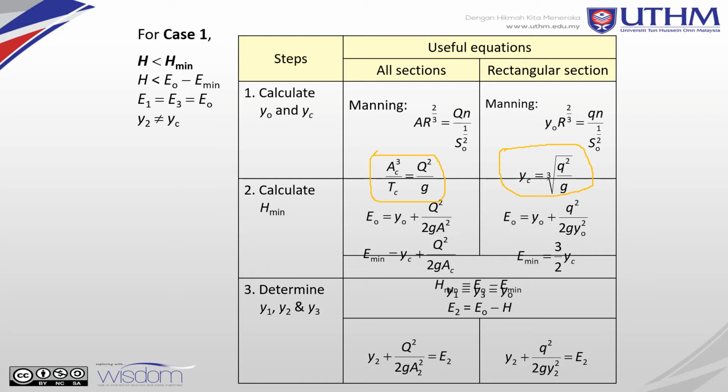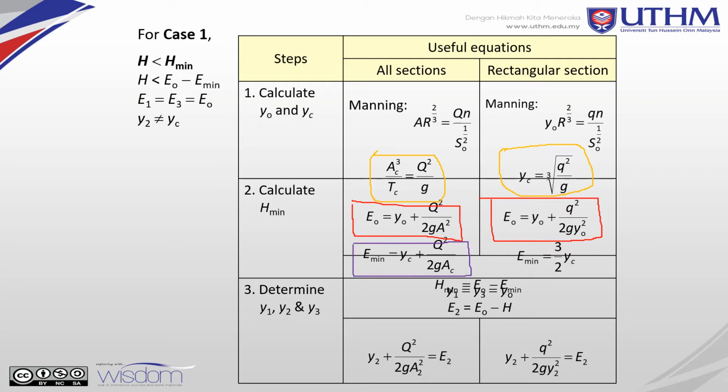To calculate H minimum, you use the specific energy equation here, and when it is rectangular, you use this one, with Q here, the difference. And for E minimum, you use this equation.